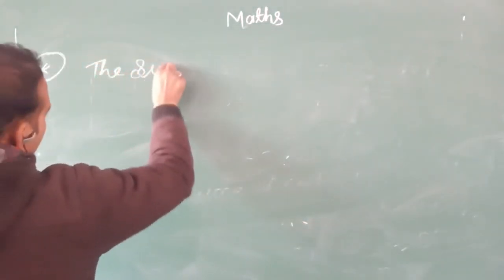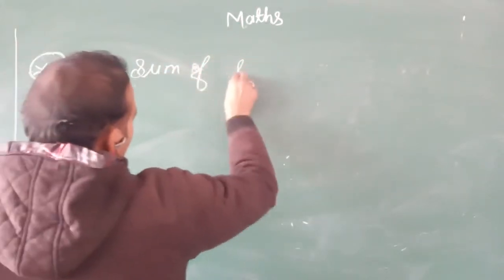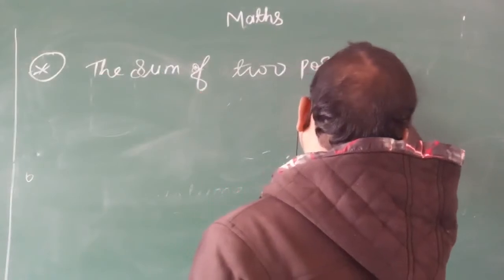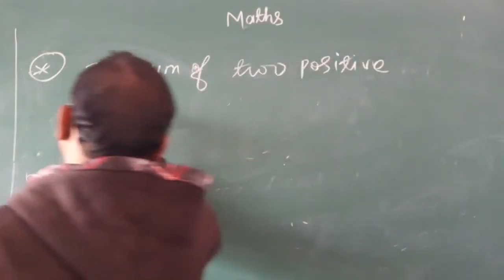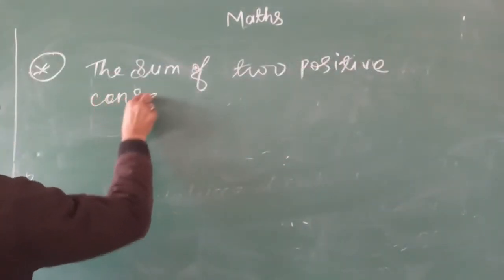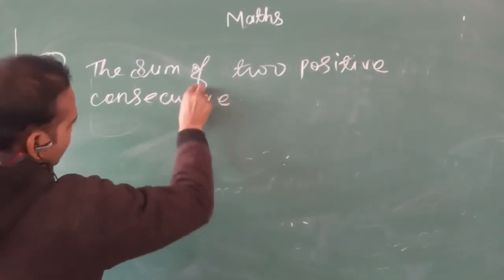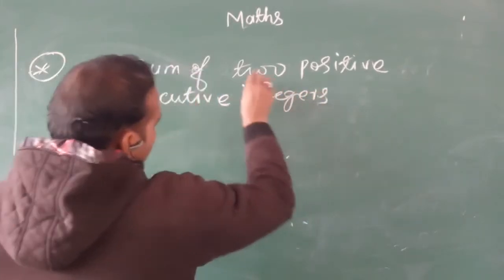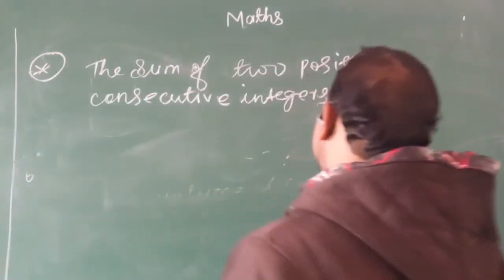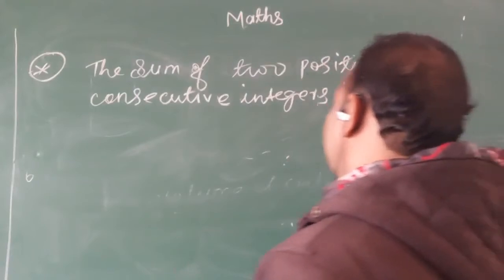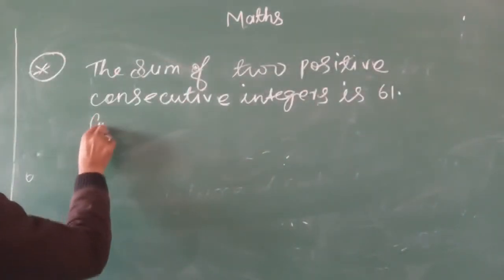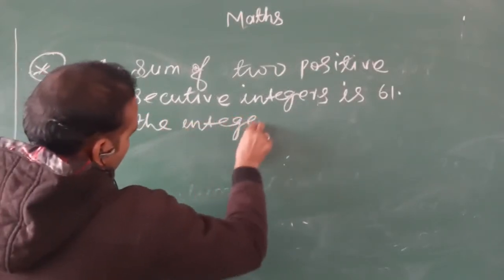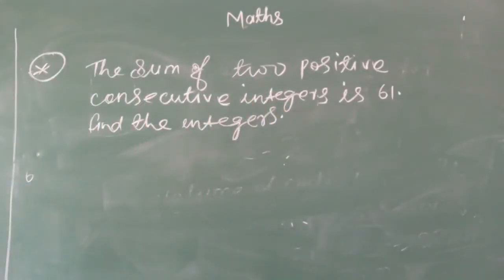The sum of two positive consecutive integers is 61. Find the integers.